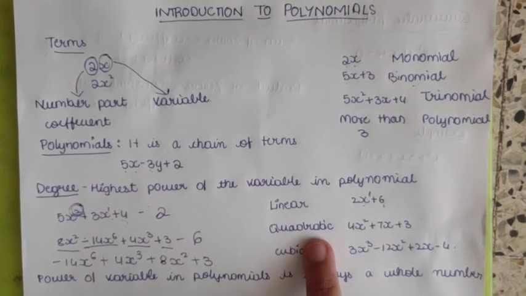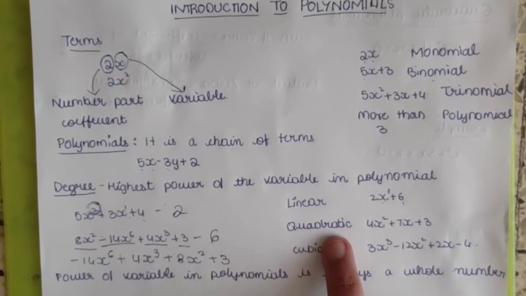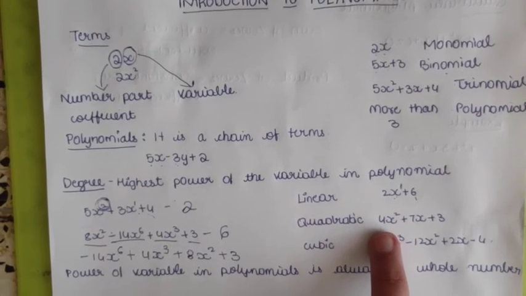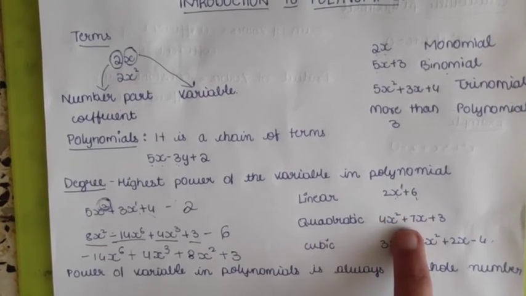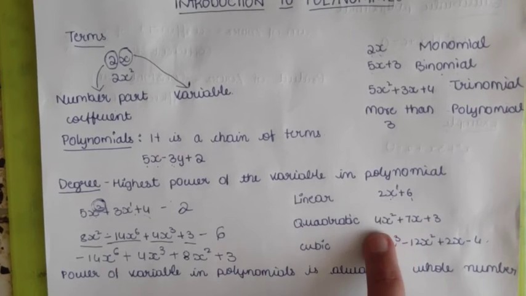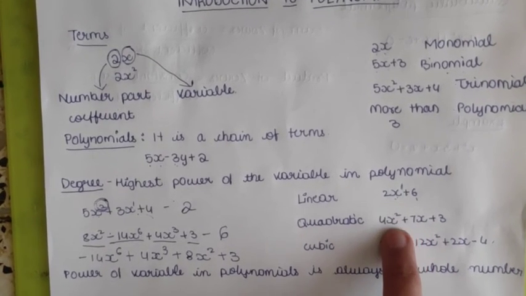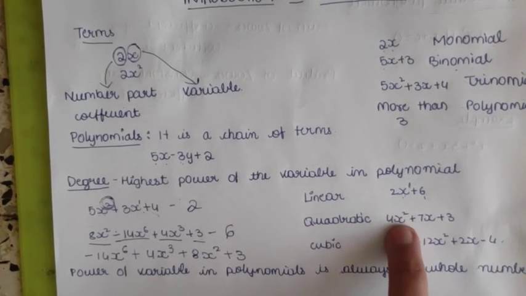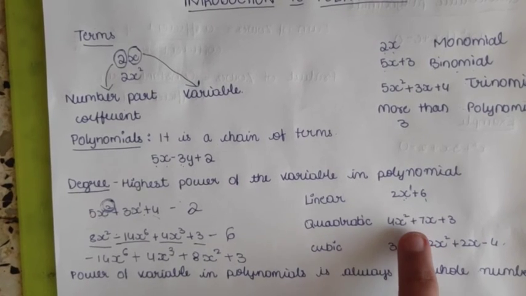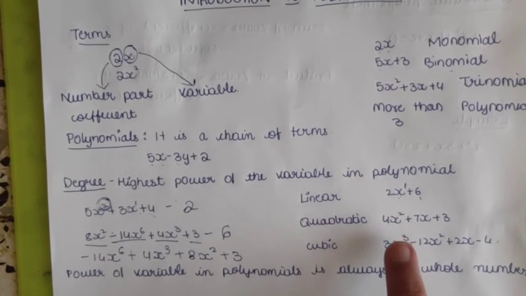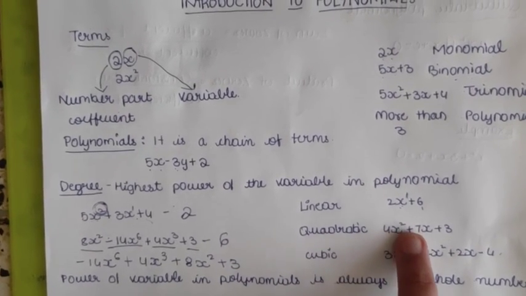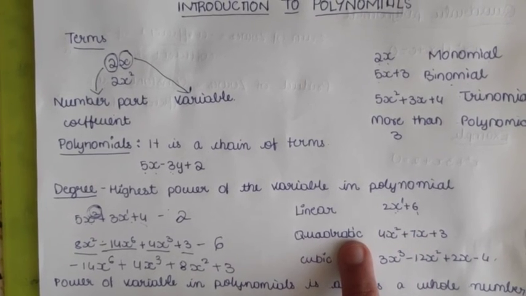Next is quadratic. Quadratic means which has degree 2. For example, you can see here 4x squared plus 7x plus 3. Here the degree of x is 2; the highest degree is 2. So an equation which has degree 2 is called a quadratic equation.